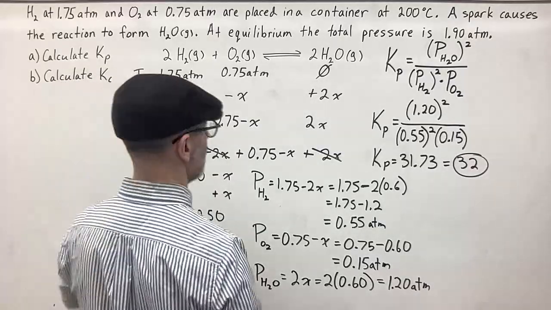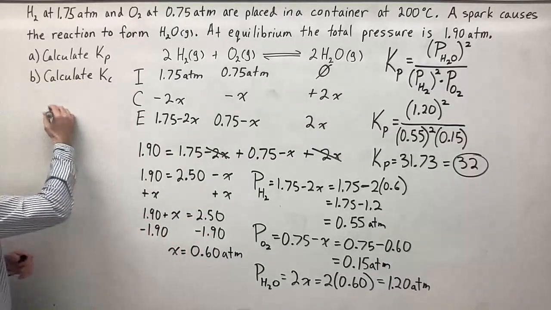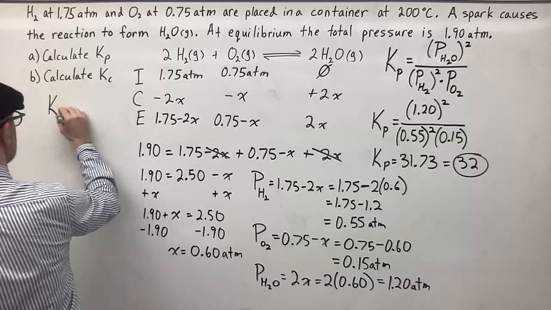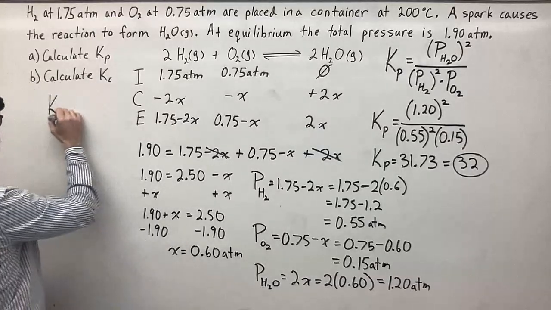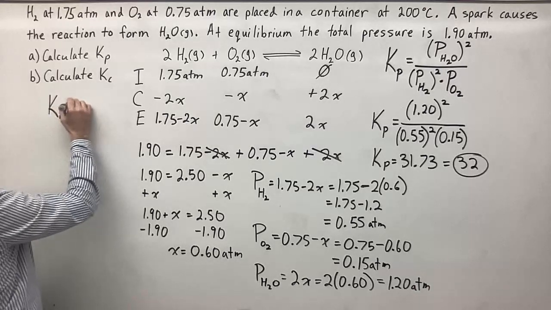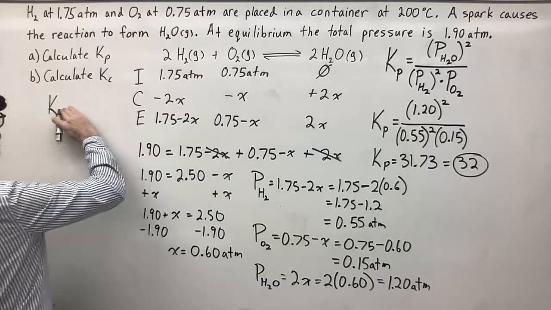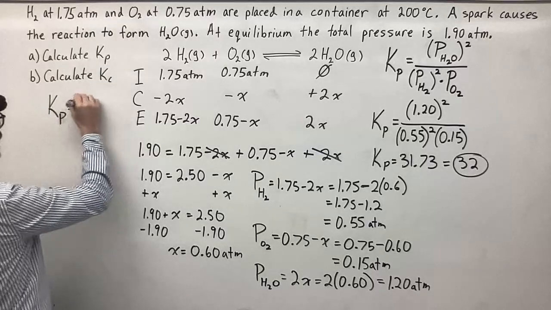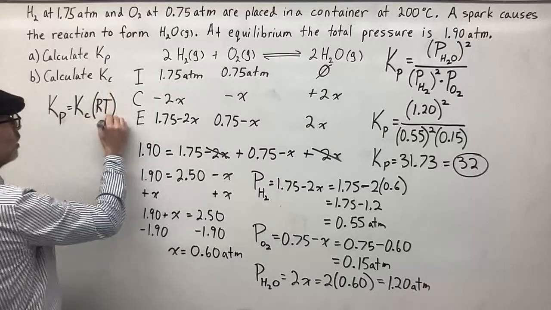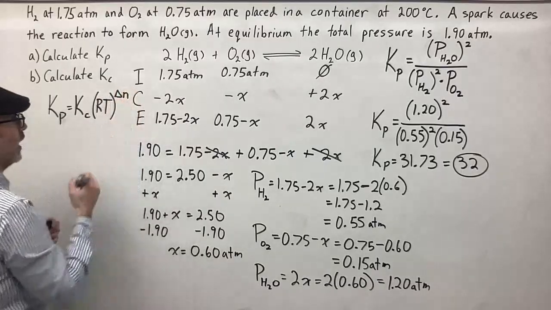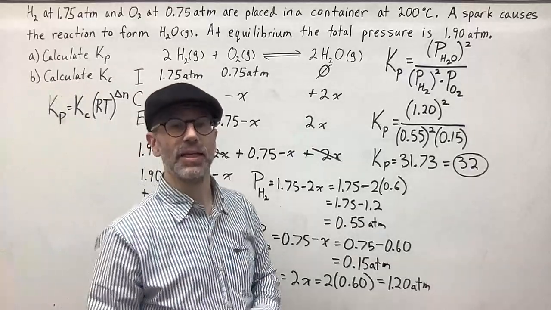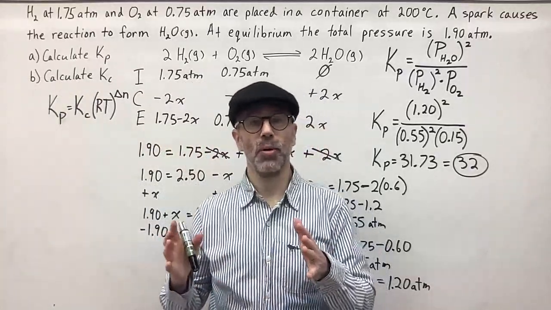Well, Kc we can calculate from our equation. So the equation is Kp is equal to Kc times RT raised to the power of delta N, and delta N is the difference in the number of moles between your products and your reactants.